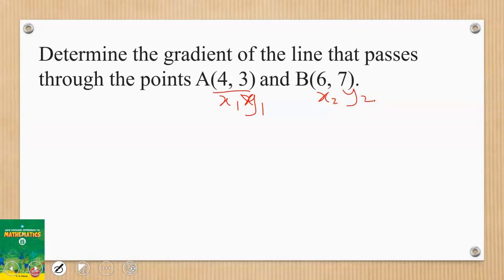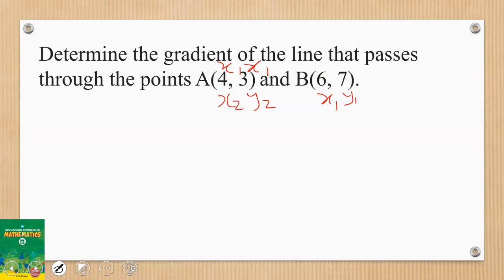Take note that you can change them. You can call this one x2, and here becomes y2. Here will be x1, here will become y1. Whichever way you go, you get the same answer. But you ought to be very careful that you don't call this x1 and call this one x1 as well.